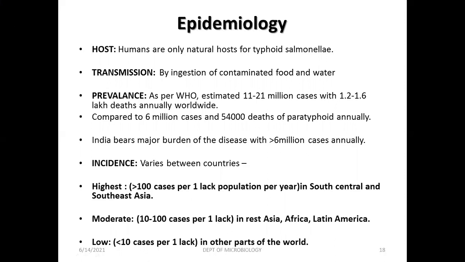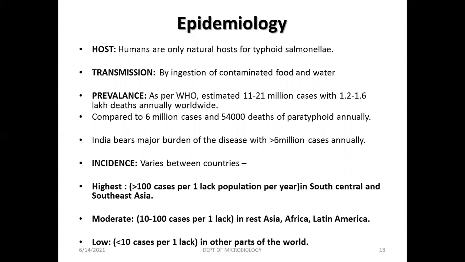As per WHO, estimated prevalence is about 10 to 21 million cases with 1.2 to 1.6 lakh deaths annually worldwide, compared to paratyphoid fever, which has 6 million cases and about 54,000 deaths annually. India bears a major burden of the disease with more than 6 million cases annually.